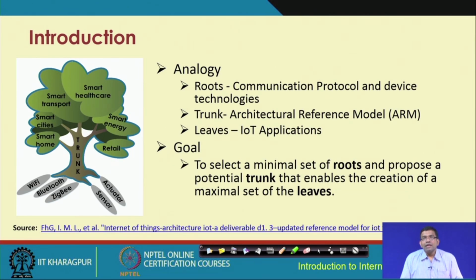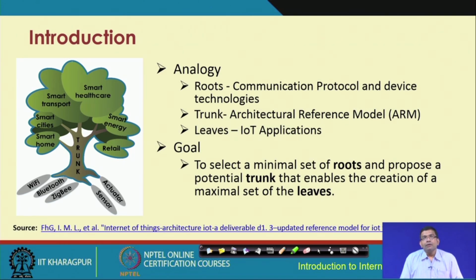So, considering the IoT applications on the very top and the roots, the technologies and the protocols that I just mentioned, the objective is to come up with a suitable trunk that will support these applications and will connect with the roots of the tree. This trunk is basically the architectural reference model of IoT, the ARM model of IoT.